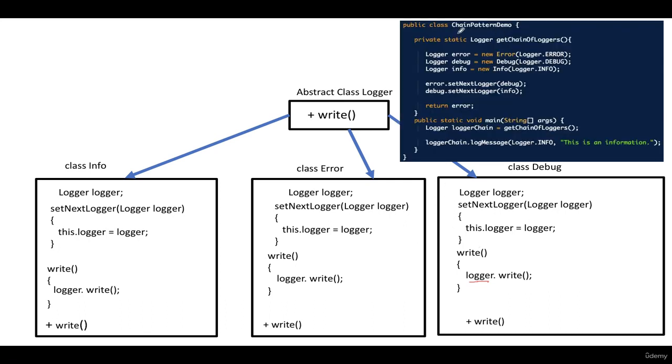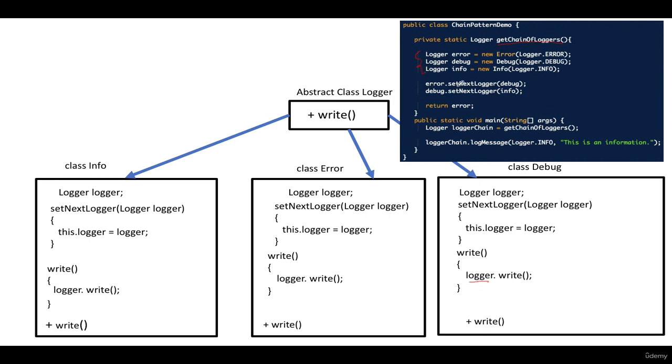And then this is my client code. So basically in my client code, we are calling the method getChainOfLoggers. From the main, we are simply calling this method. And here, if you see, we are creating the three instances: the instance of the info class, the instance of the error class, and the instance of the debug class.